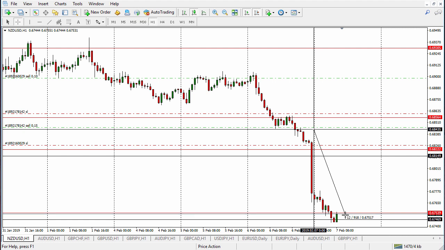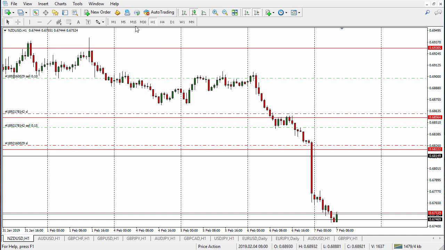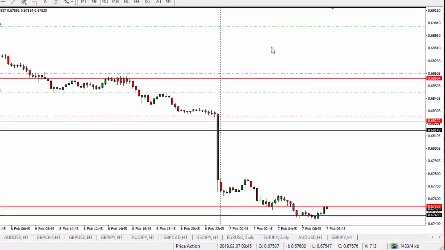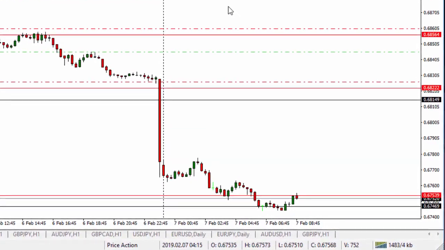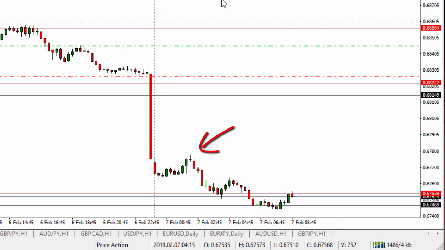But before then, I'm going to crank down to the 15 minutes chart of the NZD/USD to look for a significant swing high where I can place the trailing stop order for these profitable short trading positions first. And I think I've found exactly what I'm looking for right here.